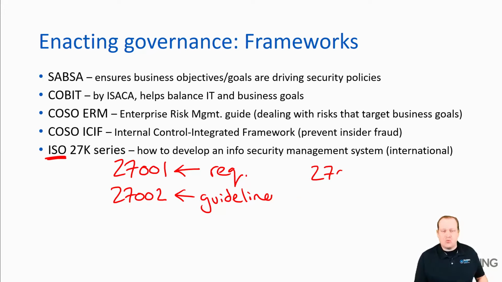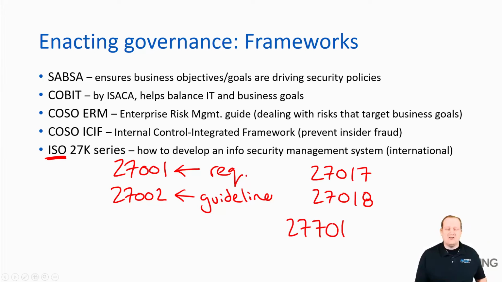By the time you're at 27017, they're listing out definitions and requirements for cloud security. By the time you're at 27018, they're talking about definitions of privacy for cloud security. By the time you're getting to 27701, they're talking about GDPR, but applied to the international community.